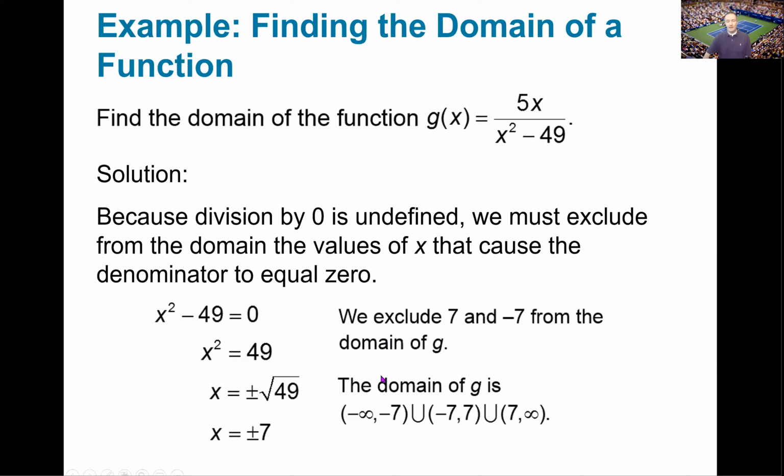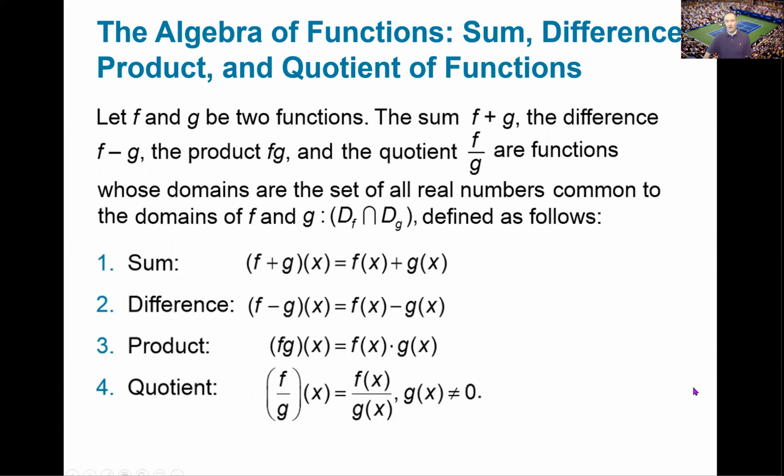Then finally I would say, well, tell me what the domain of g is in interval notation. And you would say, well, g, I think it's any value except negative 7 and 7. How do I say that? Any number from negative infinity to negative 7, union, any value from negative 7 to 7, union, any value from 7 to infinity.